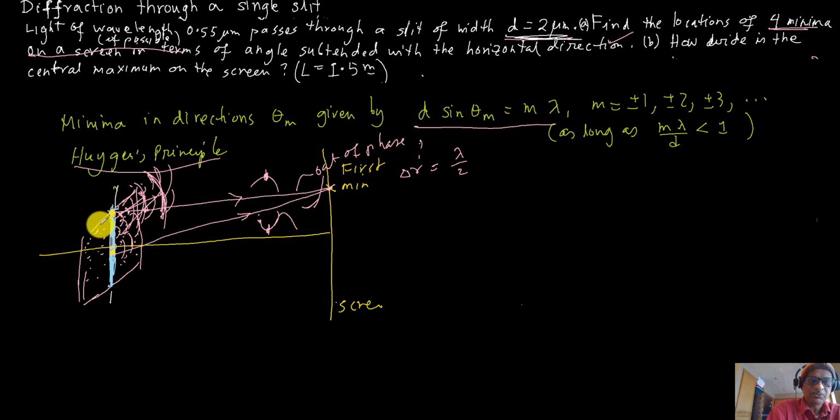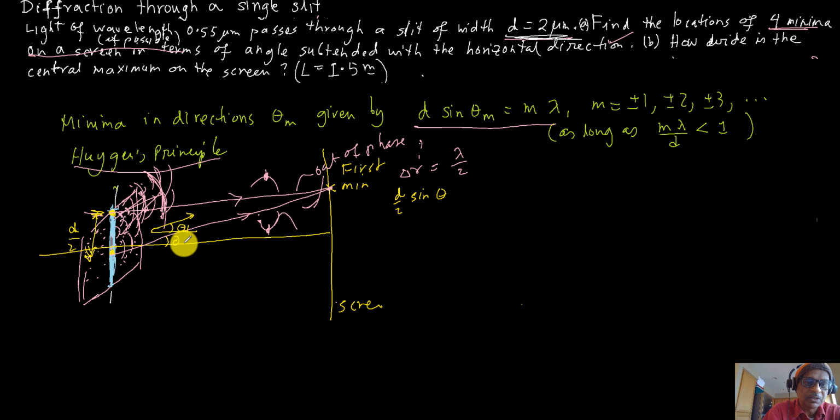Okay, so now what we have done is, if this angle direction is theta, so this is the theta. If you remember the formula, and this is actually d over 2 now. So this is d over 2 sine theta.